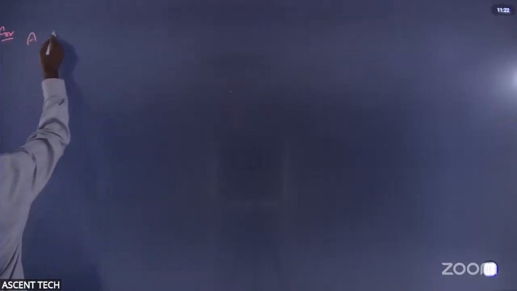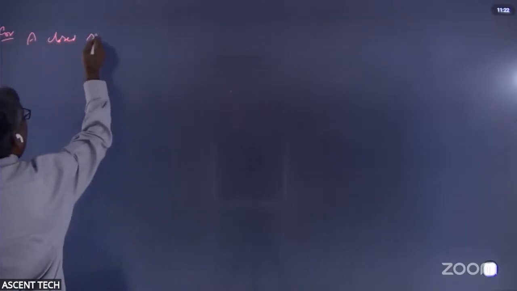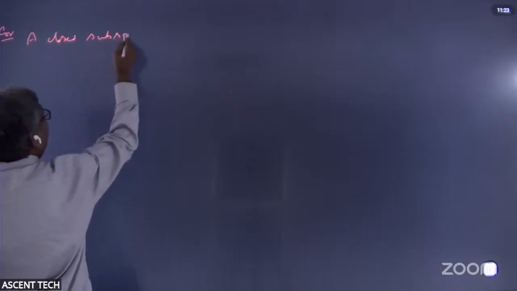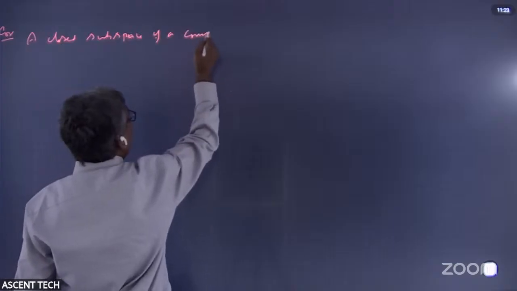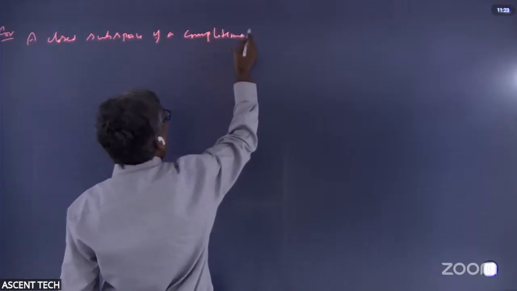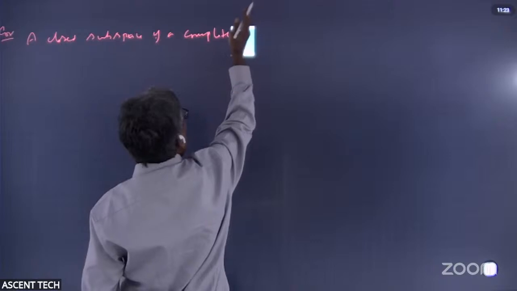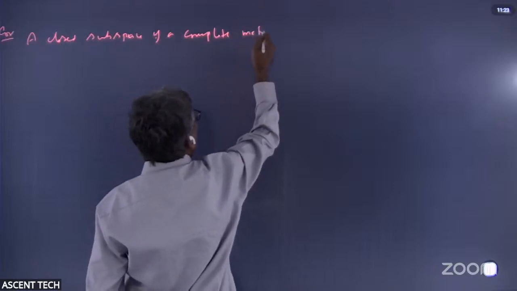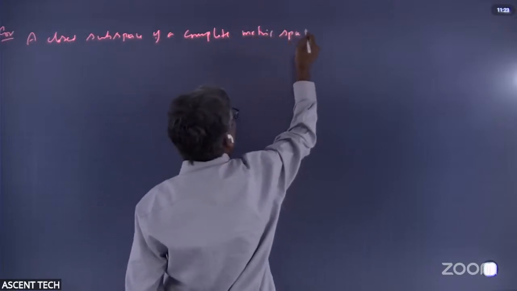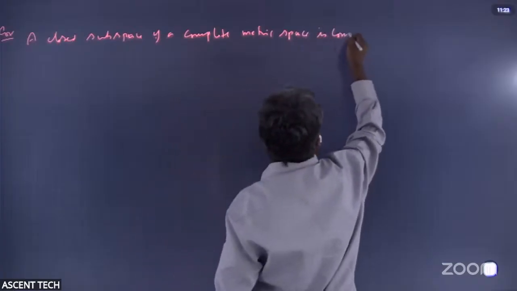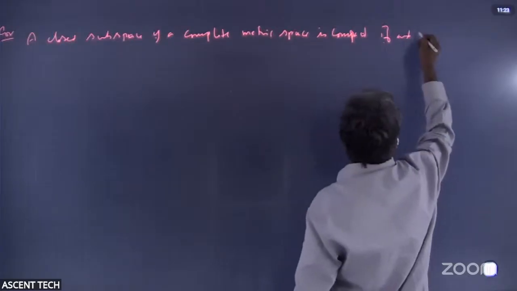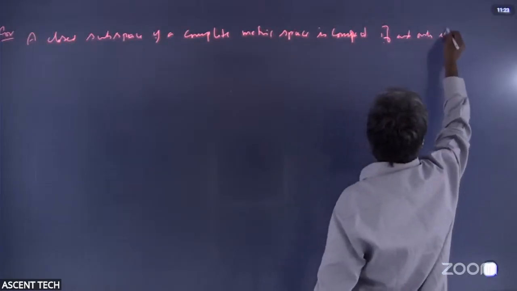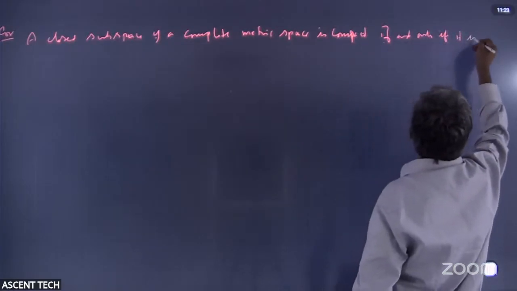A closed subspace of a complete metric space is compact if and only if it is totally bounded.